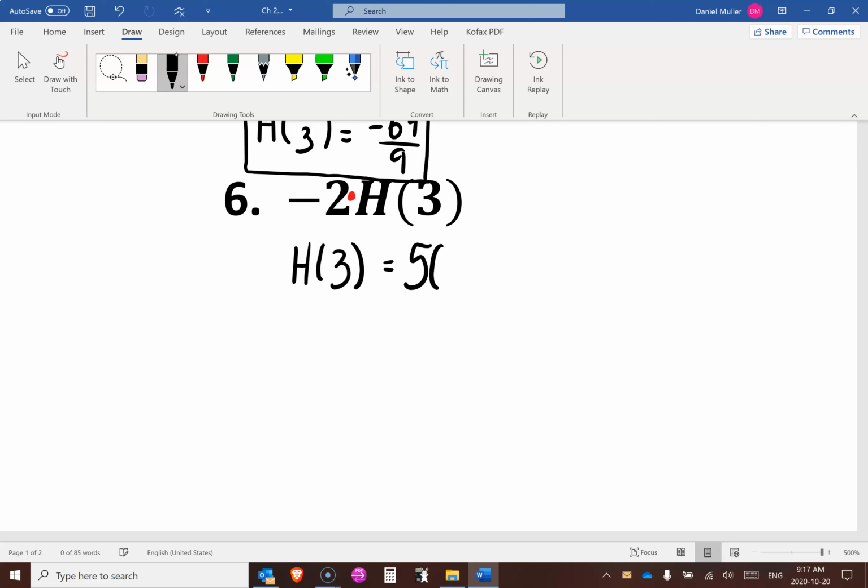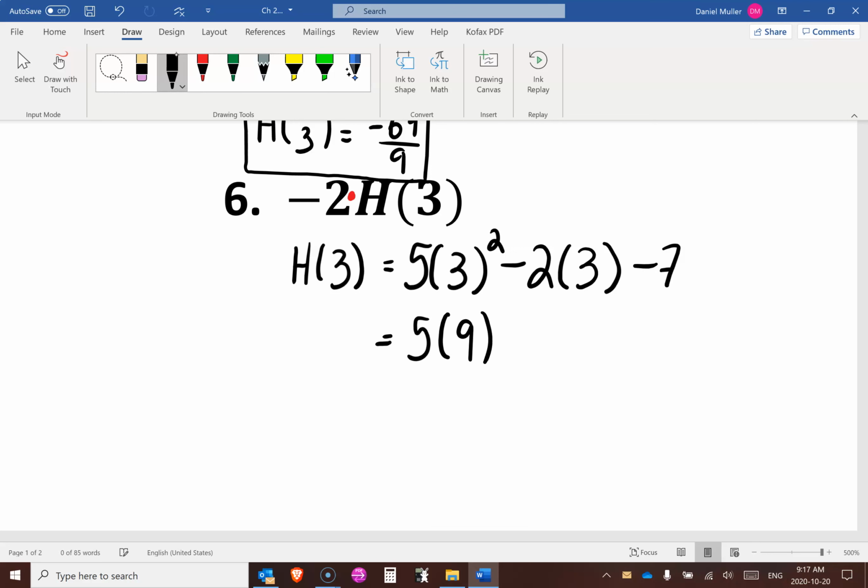So 5 times my input, 3, squared, minus 2 times my input, 3, minus 7. 5 times 3 squared is 9. 2 times 3 is 6, minus a 7. 5 times 9 is going to be a 45, minus 6, minus 7. 45 minus 6 is going to be 39. 39 minus 7 is a 32.